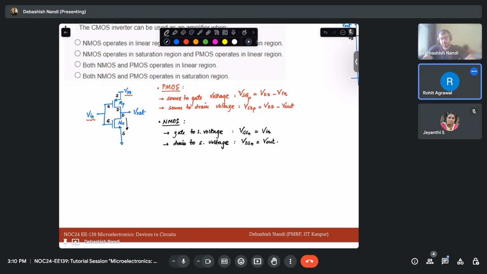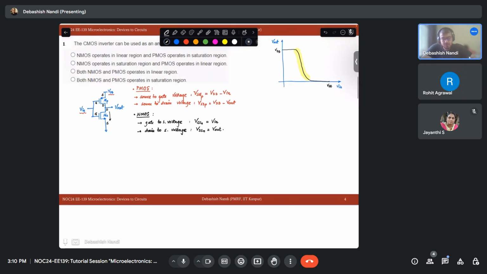Now we will try to plot this from this information and whatever basic MOSFET physics and equations we know. Let's say the current flowing through this transistor is I out.